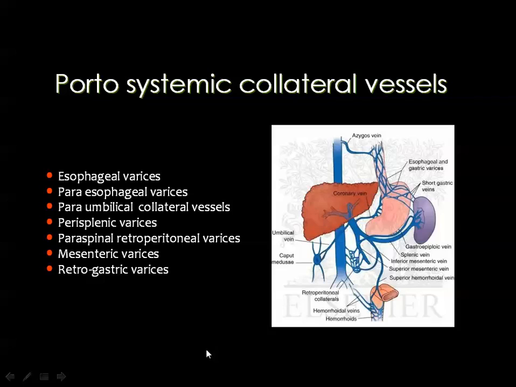In cases of portal hypertension, you get the opening of the portal systemic collaterals, which will lead to the formation of esophageal varices and the varices around the umbilicus and also those in the colon. And I have discussed this issue of the esophageal varices when I discussed the lesions of the esophagus, and I have said that there are the uphill and downhill esophageal varices, and I explained the causes of both types.